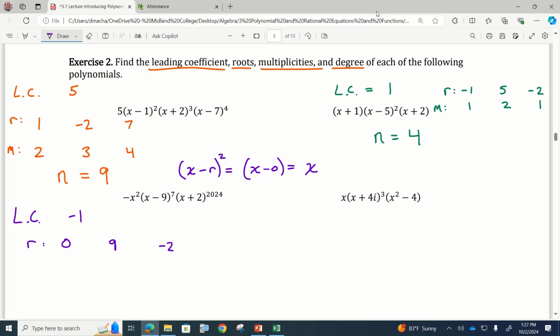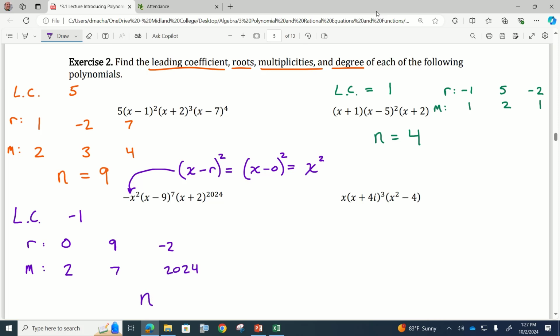And in this case, if you see x squared right here, that means this little factor, x squared, is associated with this root at 0. So then what is the multiplicity of these 3 roots? Very good.